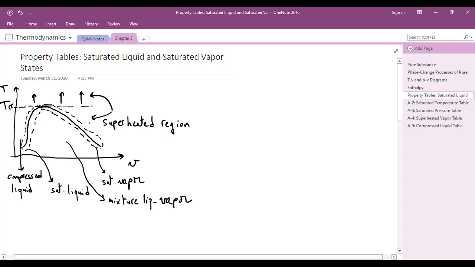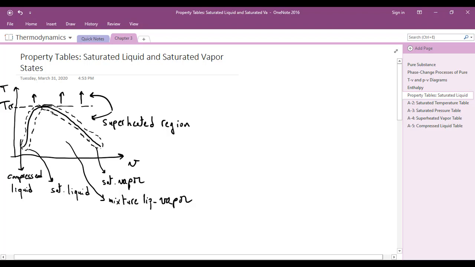So to the right of the saturated vapor line and above the critical temperature are both called the superheated region. So for each region we have a separate thermodynamic table. So let's start with the saturated liquid and the saturated vapor line.